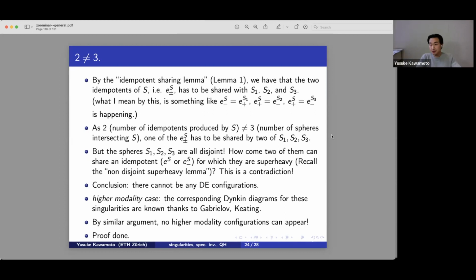But then how do you argue that those quasimorphisms are linearly independent?